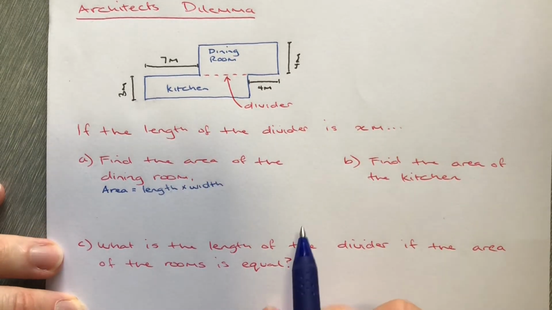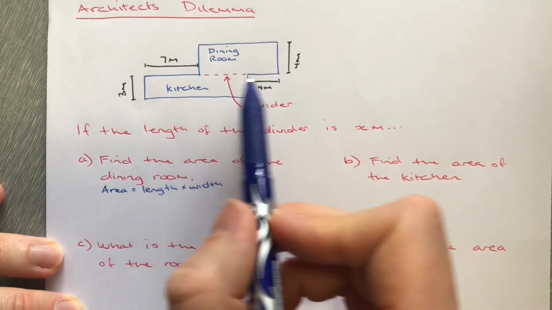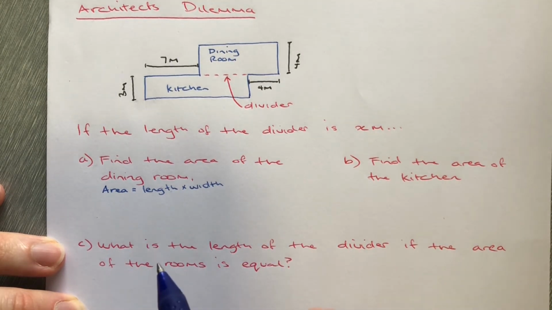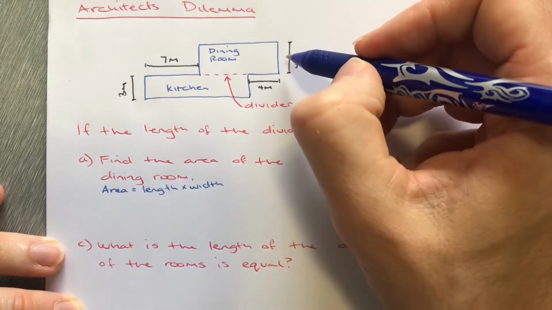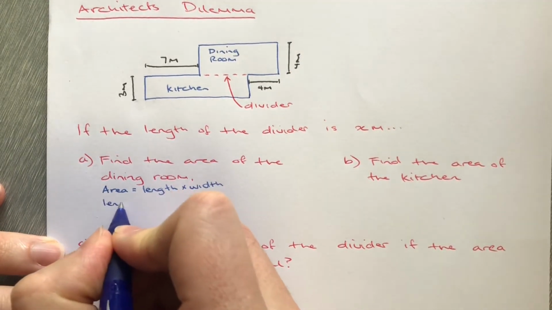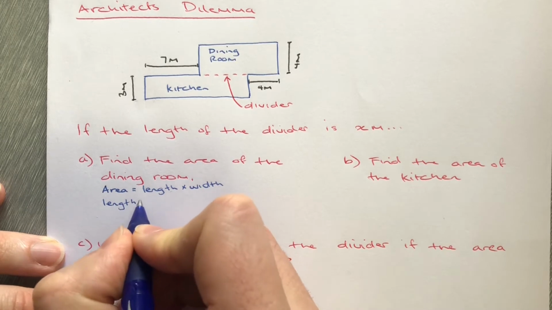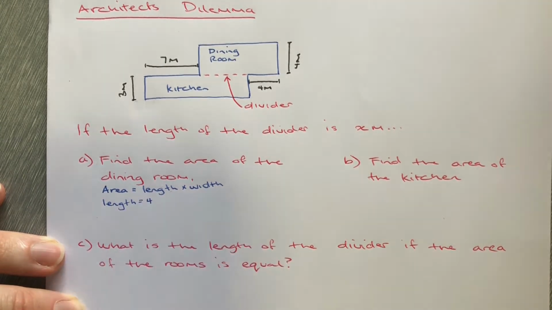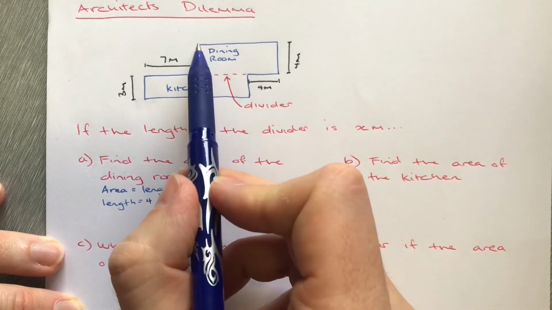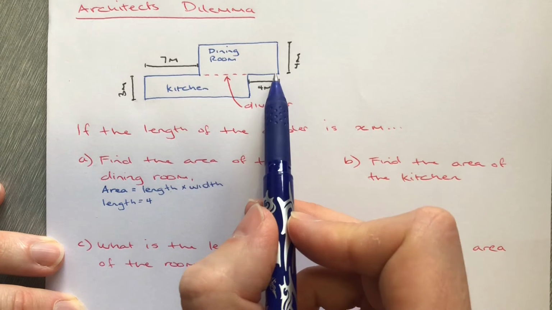Now if I look at this dining room here, I just want to work out what the length and the width is so I can work out what the area is. So let's just say that this bit's the length. So I'm going to say that the length is 4 meters, it's telling me. I'm just going to say 4. I can remember that it's meters. But I want the width, which is this bit here. And that bit there is the same as that bit there, isn't it?